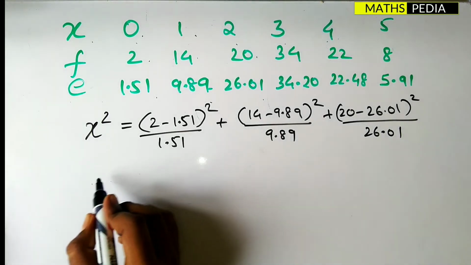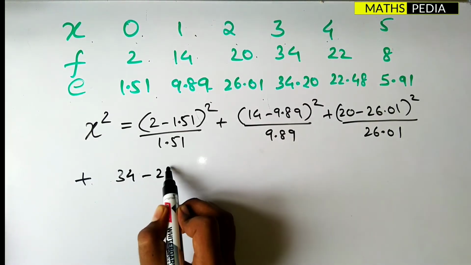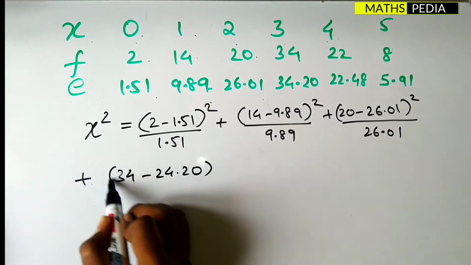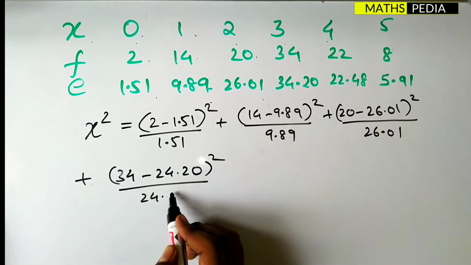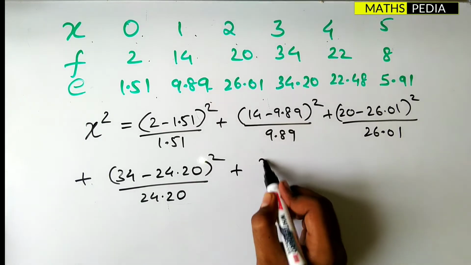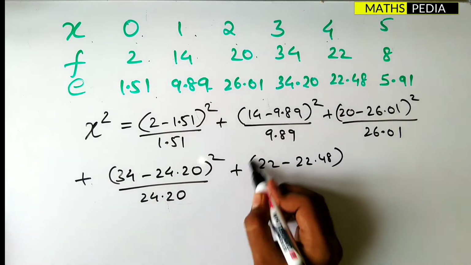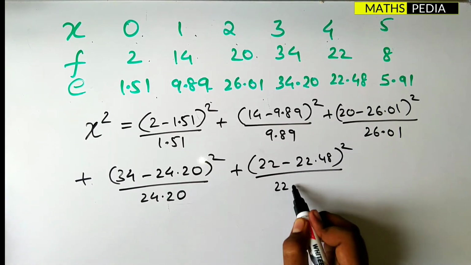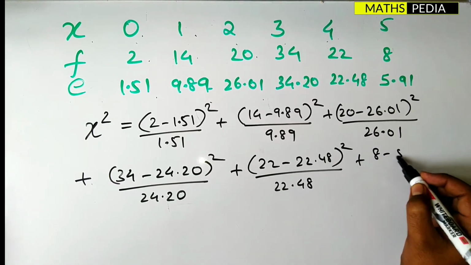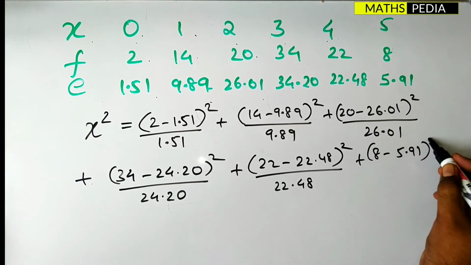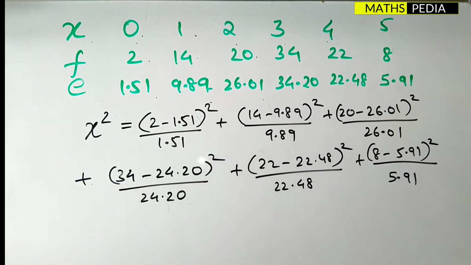So on you have to do till the last case, that is 34 minus 24.20 whole square by 24.20, plus 22 minus 22.48 whole square by 22.48, plus 8 minus 5.91 the whole square by 5.91. So this is the overall case.